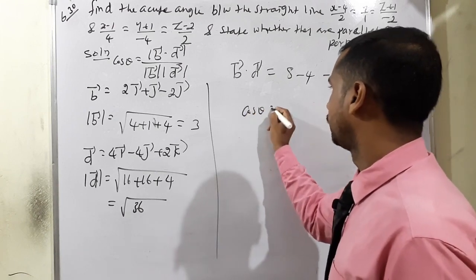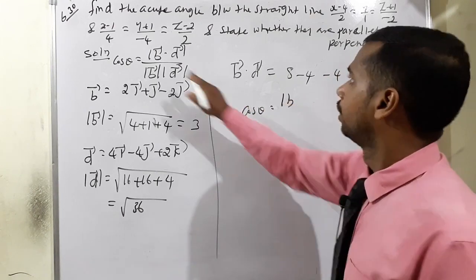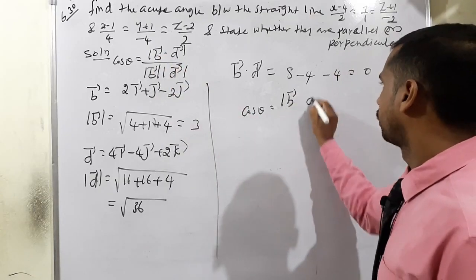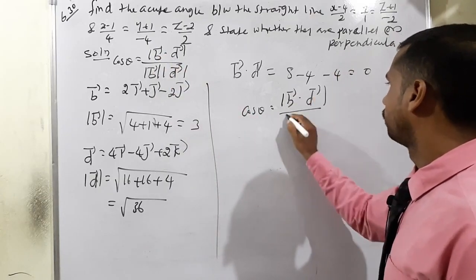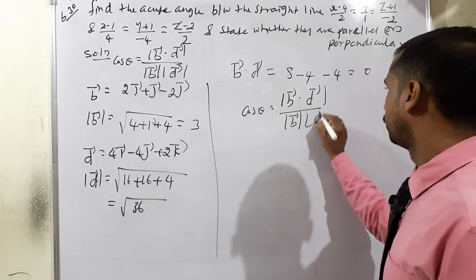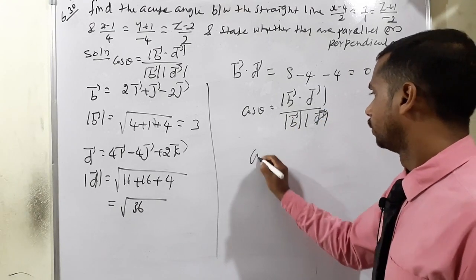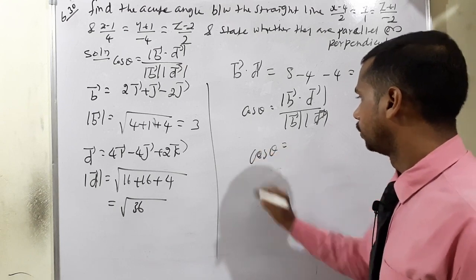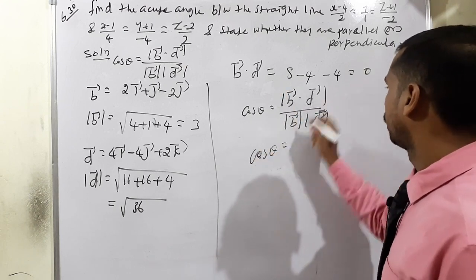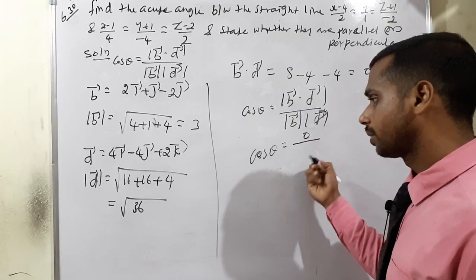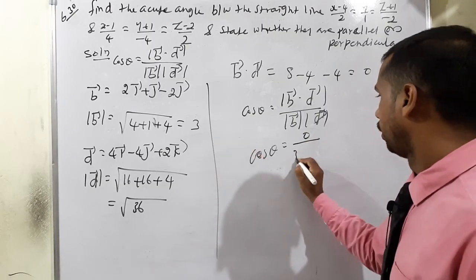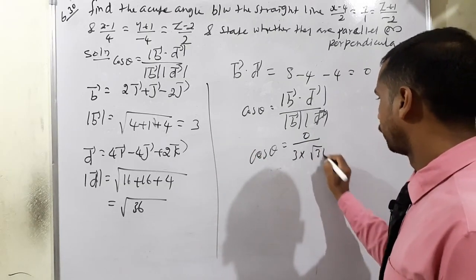Therefore, cos theta is equal to the modulus of B vector dot D vector divided by the modulus of B vector into the modulus of D vector. Now B dot D we have value 0, divided by anything means we have 0; you can write the denominator as 3 into square root of 36.